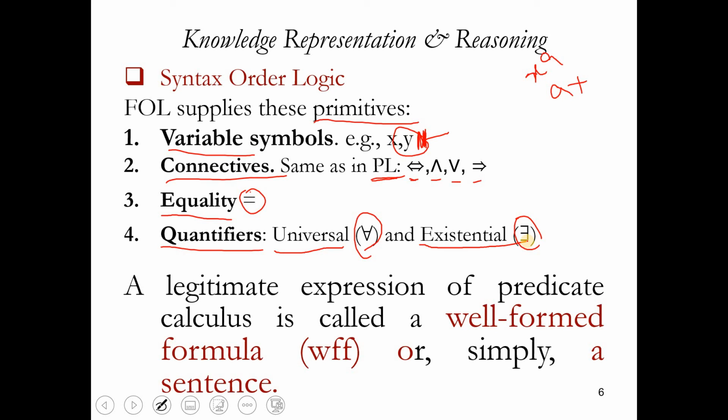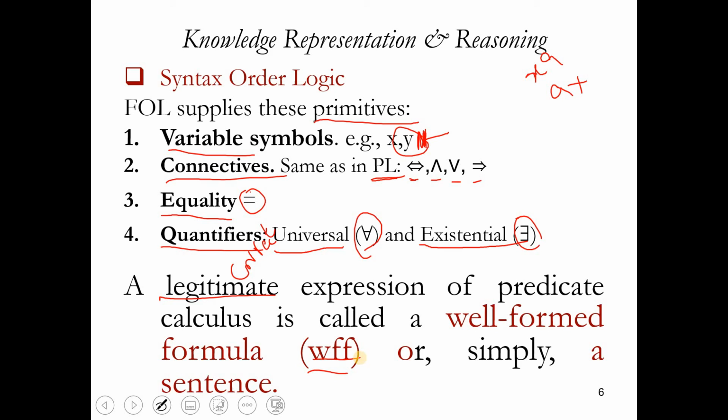So valid or legitimate means correct. So a correct expression of predicate calculus, we call it a well-formed formula or WFF or a sentence. So a correct expression in predicate logic or predicate calculus.